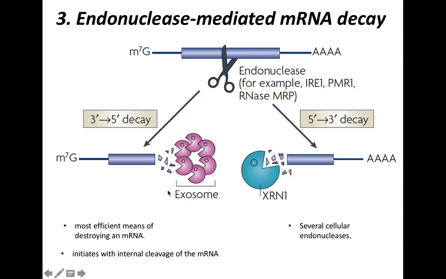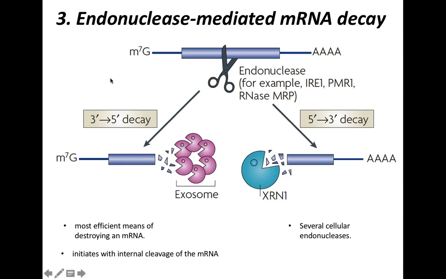We have previously discussed that the 3' end is attacked by the exosome, which is a complex of 6 different proteins with RNA degradation activity. They would start destroying it at the 3' end, so the decay would take place in the 3' to 5' direction by the exosome.